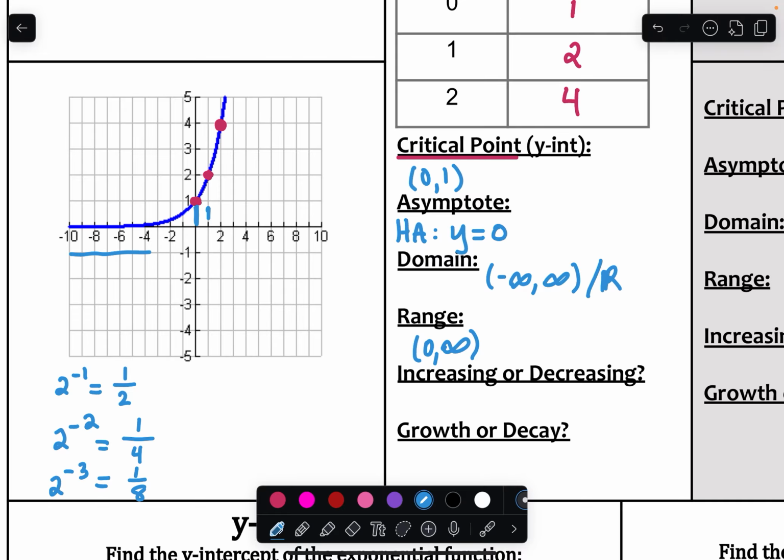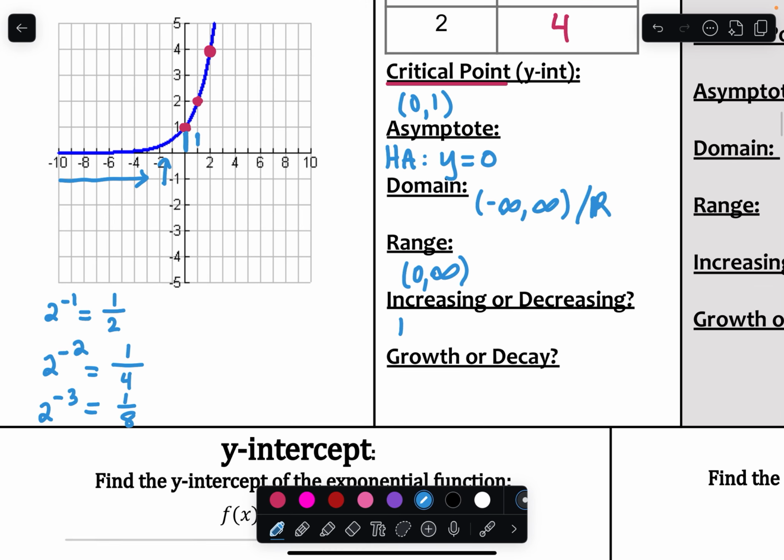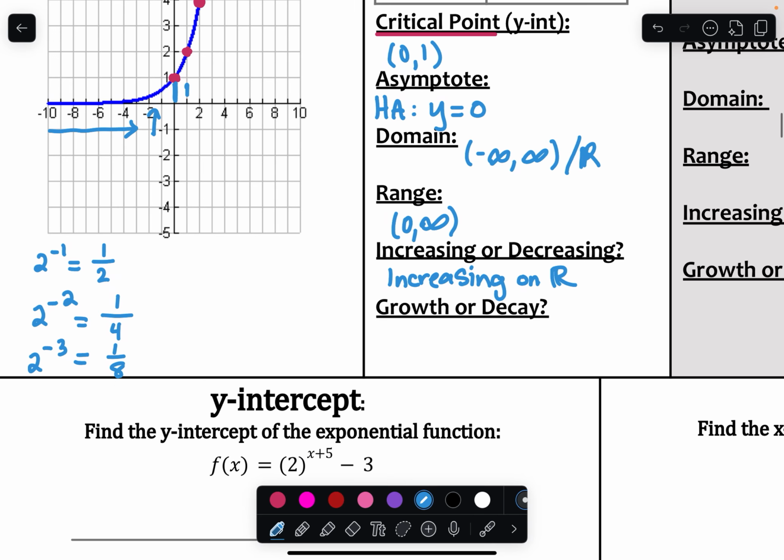As the x's get bigger, the y's also get bigger. And it's increasing across its entire domain. It doesn't change directions. And this is an example of exponential growth. You can tell it's growth because as the x values are getting bigger, the y values are also getting bigger. So, growth.